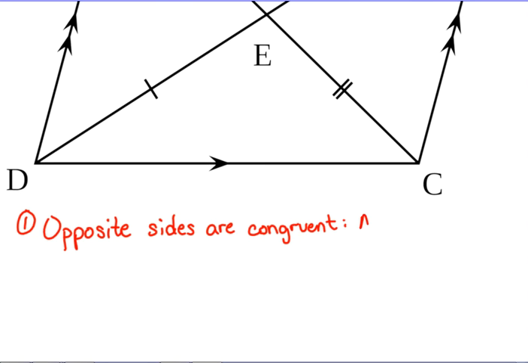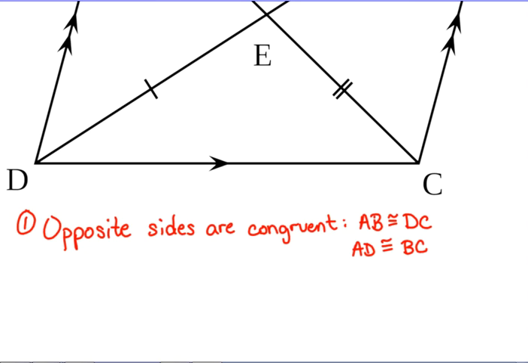So that means AB is congruent, the congruent symbol is an equal sign with a squiggly line over it, to DC, and AD is also congruent to BC. So not only are those two sides parallel, they are also congruent to one another.